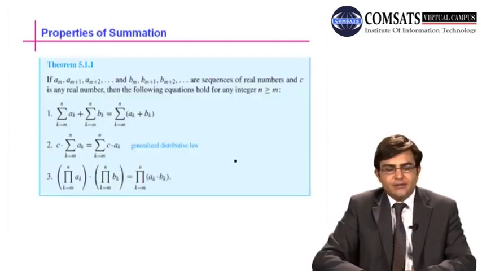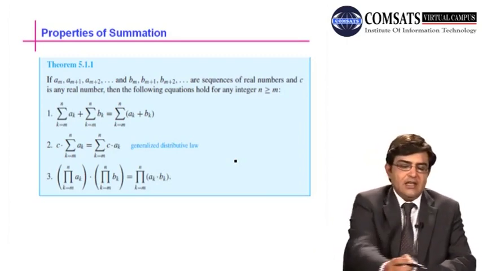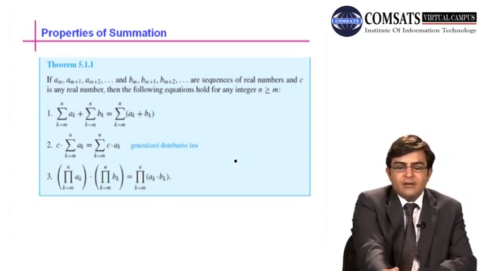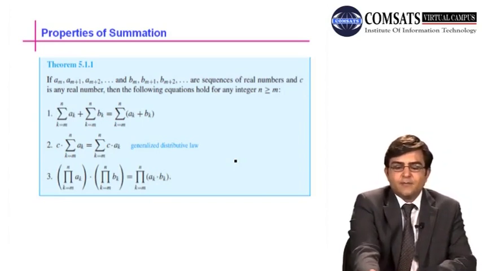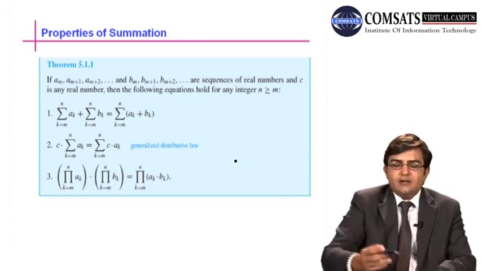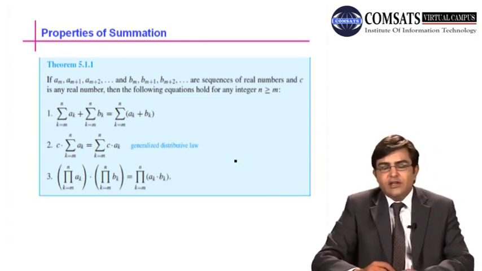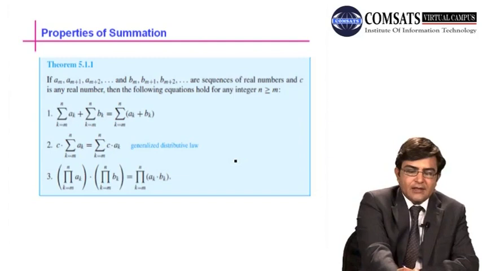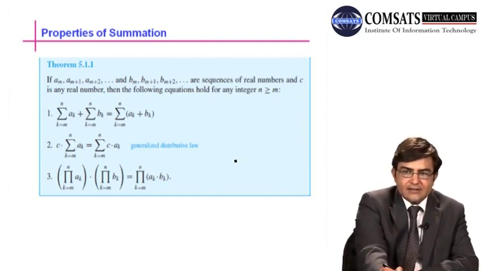Now, properties of summation notations. If we have two sequences a_{m+1}, a_{m+2}, and so on, b_{m+1}, b_{m+2}, and so on, then we can define the sum from k equals m to n of a_k plus the sum from k equals m to n of b_k as this.